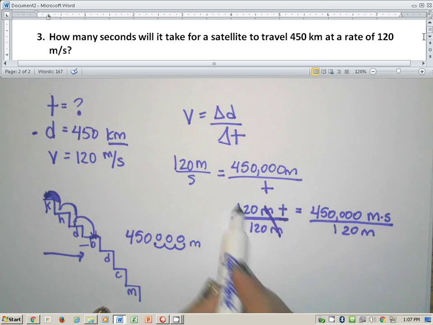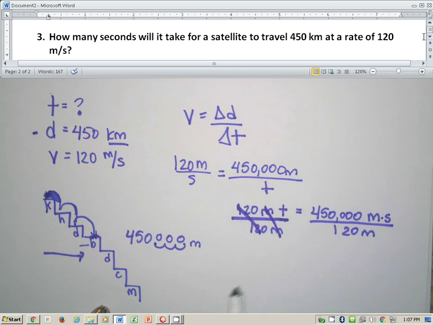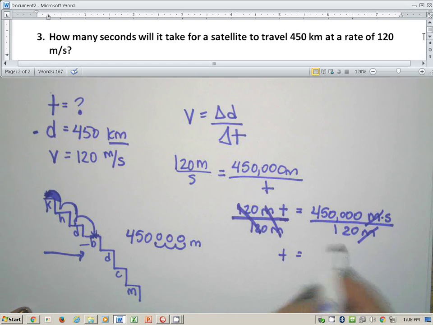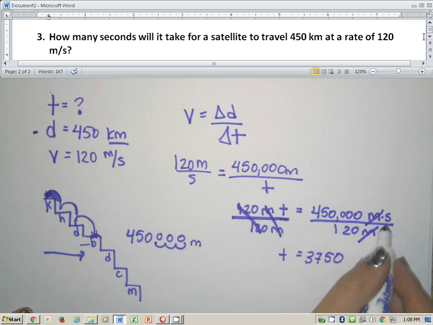That's going to cancel out my 120s and my m's on the left-hand side. Over here, it's going to cancel my m's out, so that I'm left with just my seconds. And when I divide 450,000 by 120, I get 3,750. Your unit is the letter that's left. It's seconds.